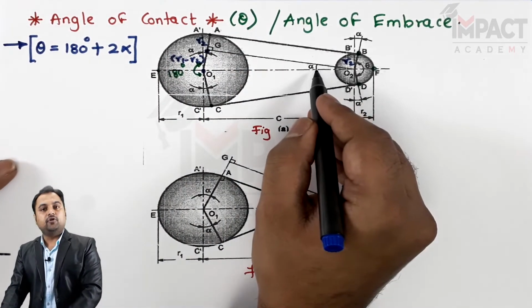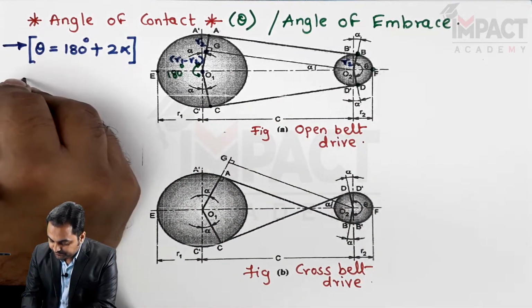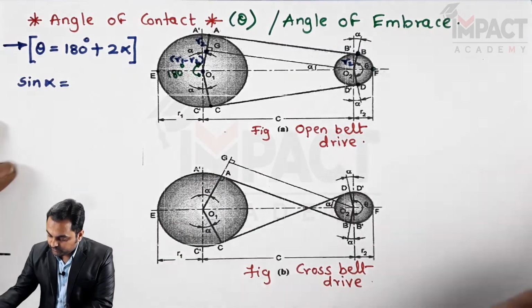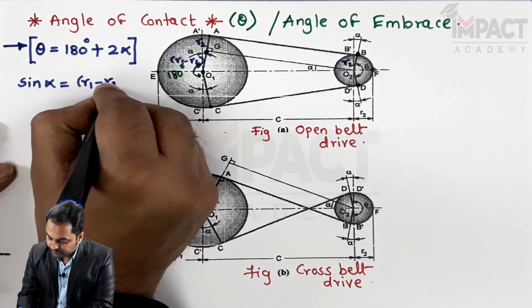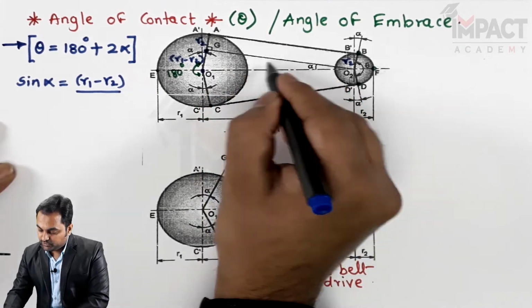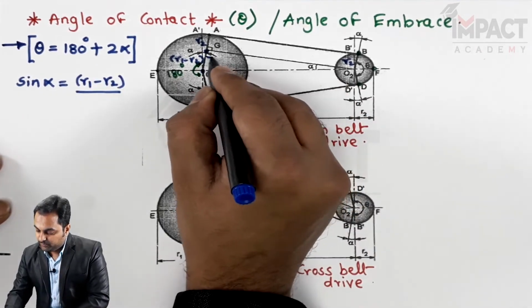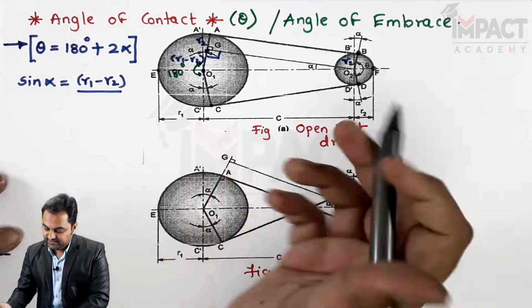I'll be using the formula of sine here, so sine alpha is equal to O1G, which is R1 minus R2, the side opposite to alpha, divided by the hypotenuse, which is opposite to this 90 degrees, that is O1 O2, denoted as C here.